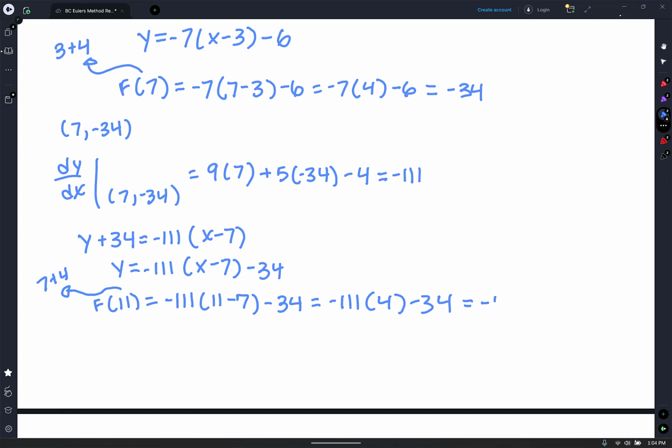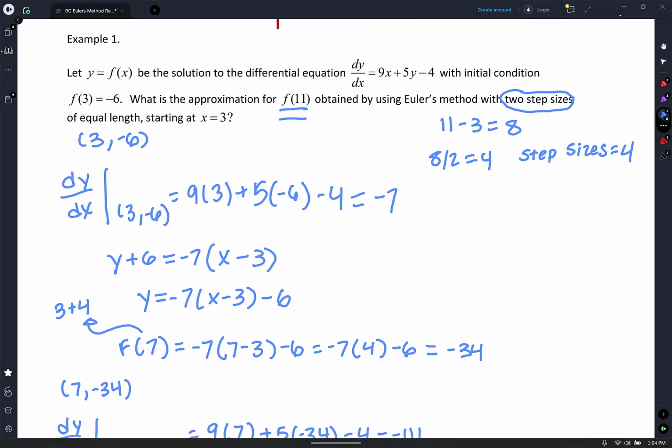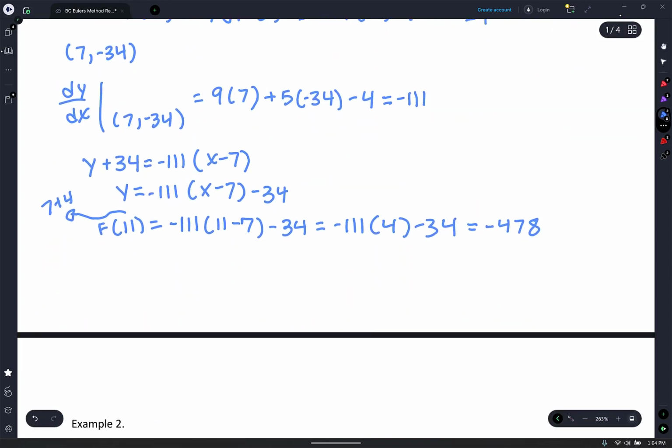Yes. Negative 478. So that is the final answer. So using Euler's method, the approximation for f of 11, and this is an approximation, is approximately negative 478.